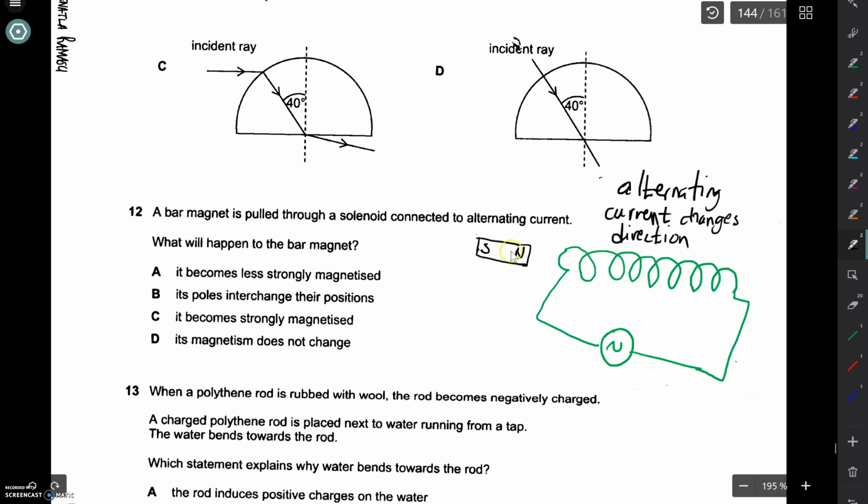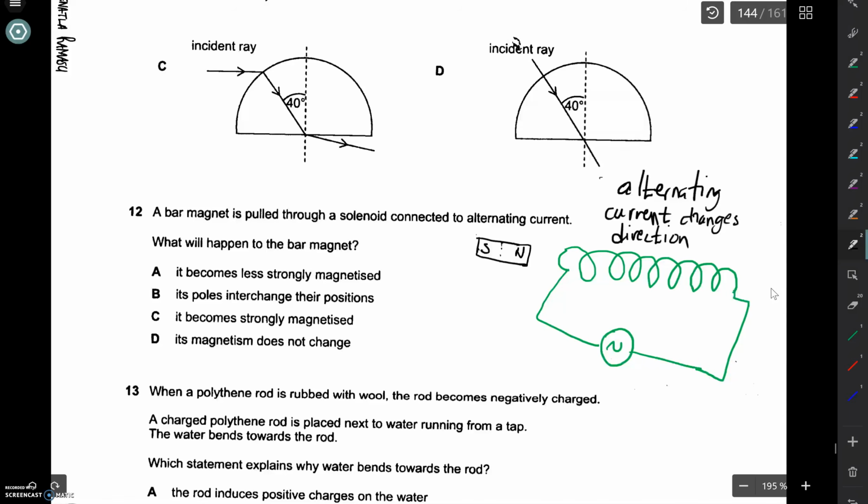So what happens is that when you pull this bar magnet through this solenoid, the magnetic field from the current will mess up the dipoles in the magnet.